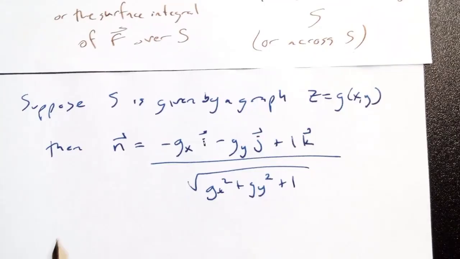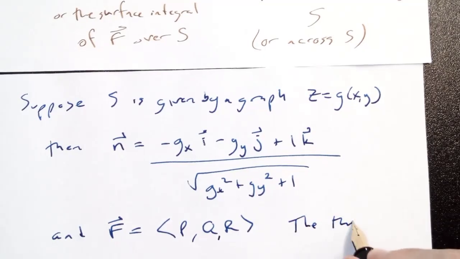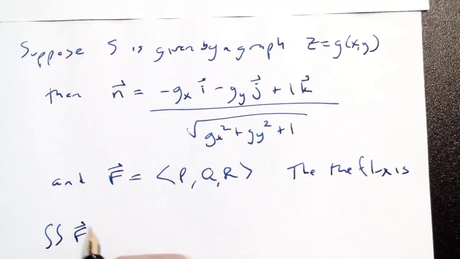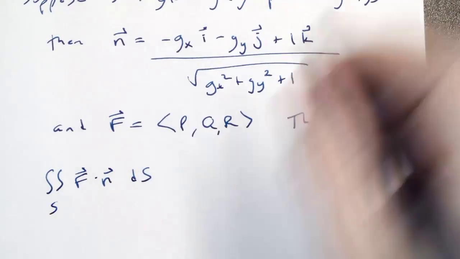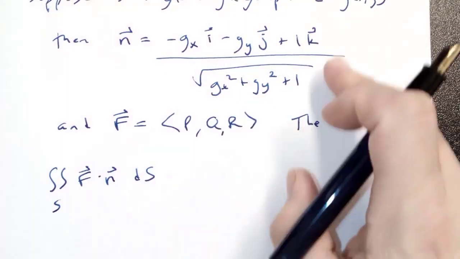Let me suppose, in addition, that my vector field is P, Q, R, just like a typical vector field is. Now I want to do this flux integral. Then the flux is the double integral of f dot n dS over the surface S. But F is P, Q, R, and I'm dotting that with this.